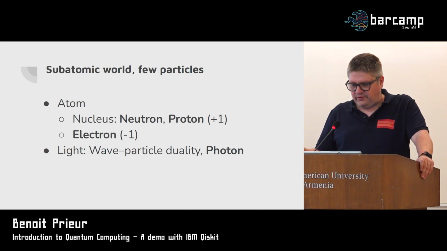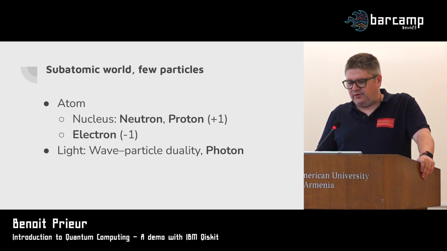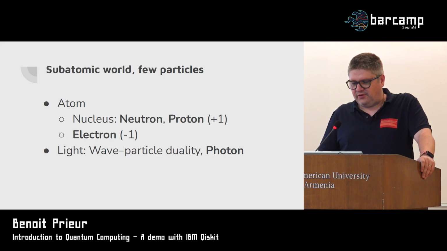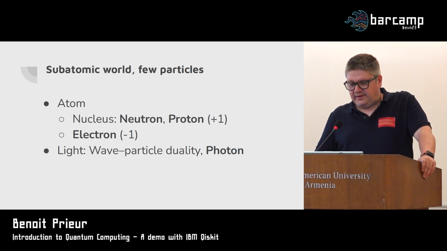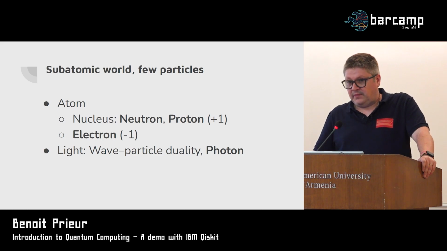I provide another precision about light because it's quite deeply used in quantum. It's about light and the photon. Just as a reminder, light is a wave. We know that for centuries now. But it's also matter, actually. And the matter in light is the photon.